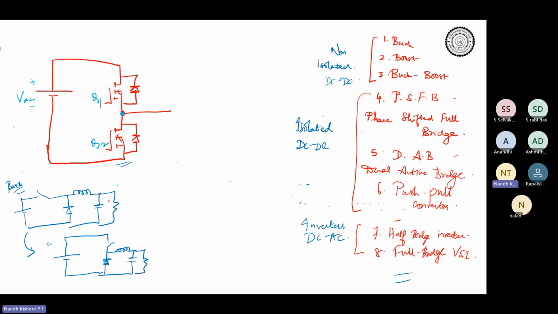Let's say you take a boost converter. In a boost converter, it is quite easy to remember that the filter inductor is going to come towards the input side. So the same circuit is going to become something like this.